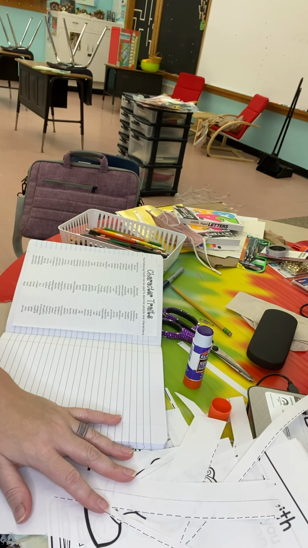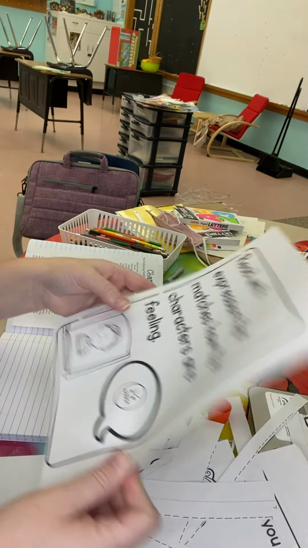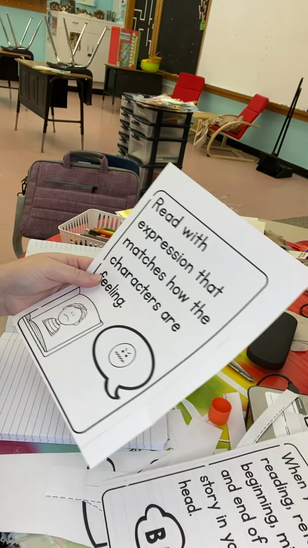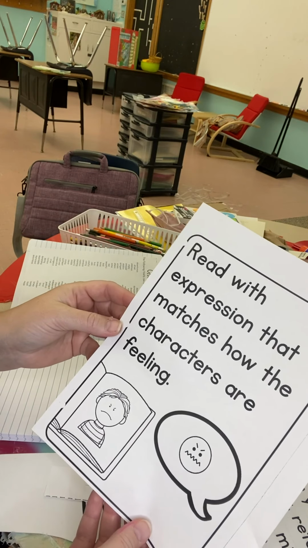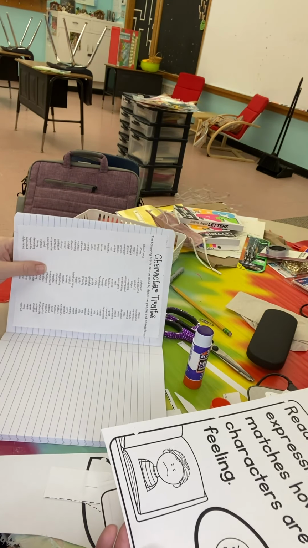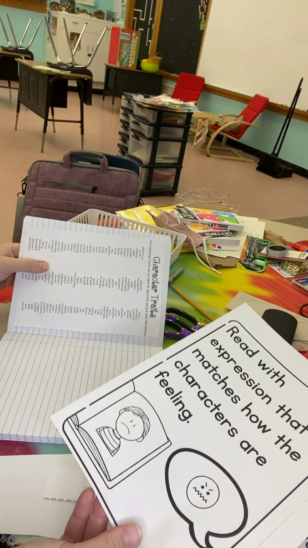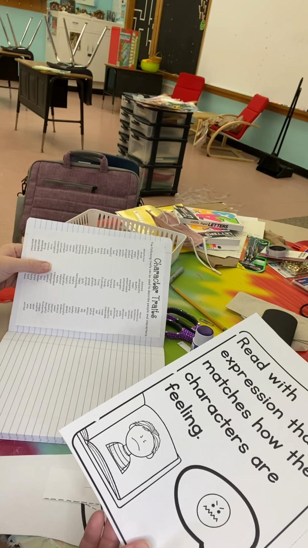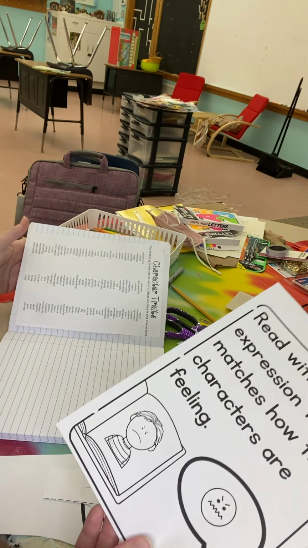Okay, the next page that we're going to put in here is read with expression that matches how the characters are feeling. So that's why we have these character traits, because when you read, you really want to embody how the characters are feeling.